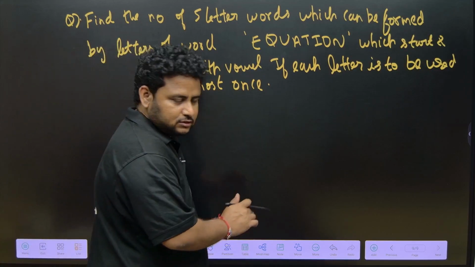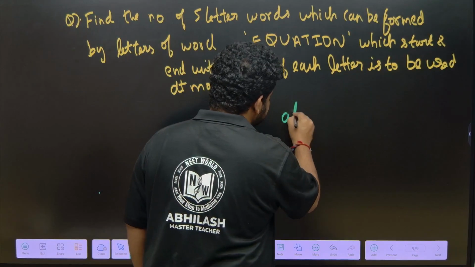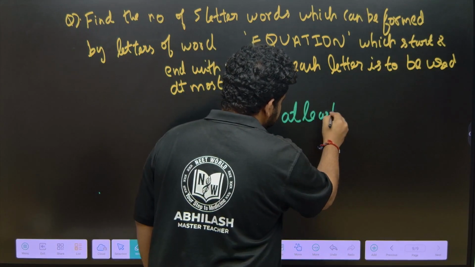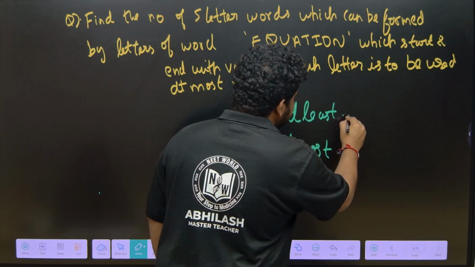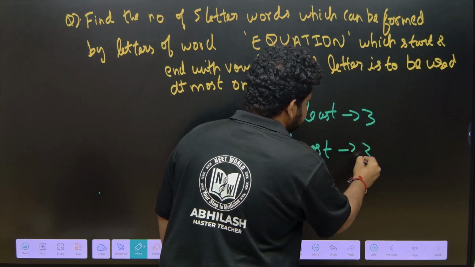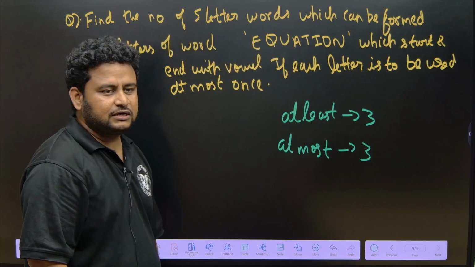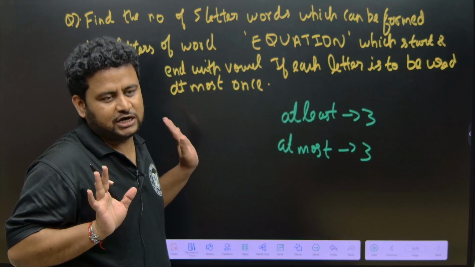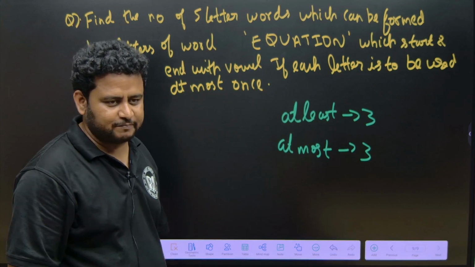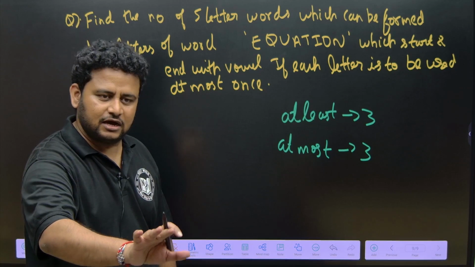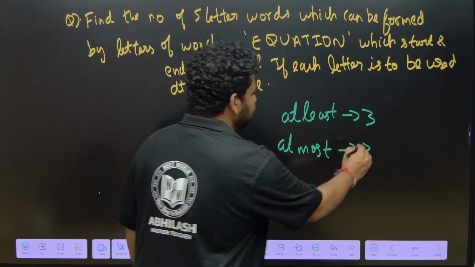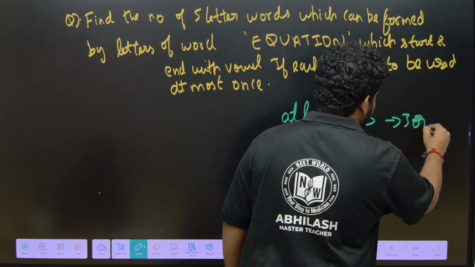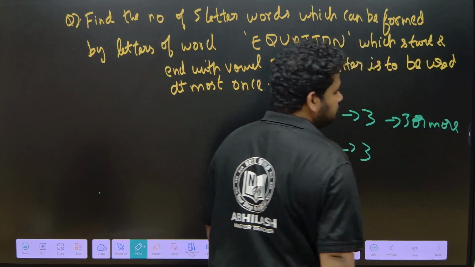You will get confused between at least and at most. Suppose I write at least 3 or at most 3, there is a difference. I want at least 3 parotas, that means if you give 3 parotas I will come, but 3 or more is fine.